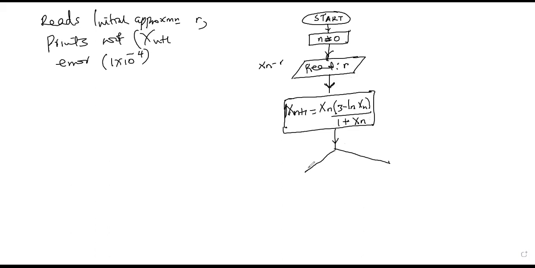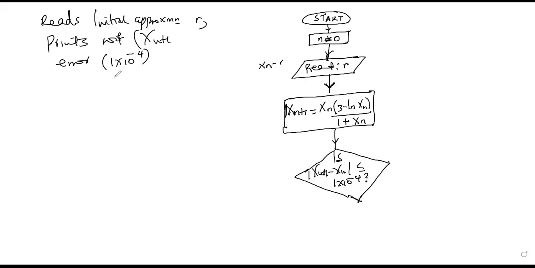Is x_{n+1}...? In case you missed these members, I uploaded everything. So you'll be asking yourself, is x_{n+1} minus x_n less than or equal to the error, which is 1 times 10 to the power negative 4? Question mark. Without a question mark, you are getting it wrong because you're asking yourself, is it less than or equal to that?